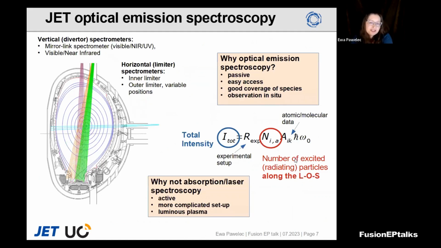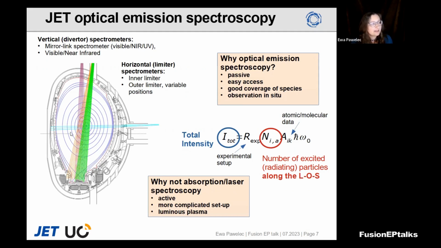The observation in JET is not bad, but not ideal, meaning that we have the spectrometers looking in the divertor region, observing the divertor and the divertor throat up.